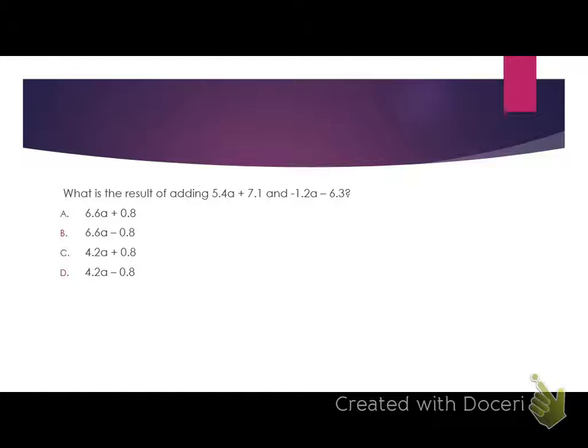The next question says, what is the result of adding 5.4a plus 7.1 and negative 1.2a minus 6.3? So we want to add those two expressions together. So 5.4a plus 7.1 plus negative 1.2a minus 6.3.